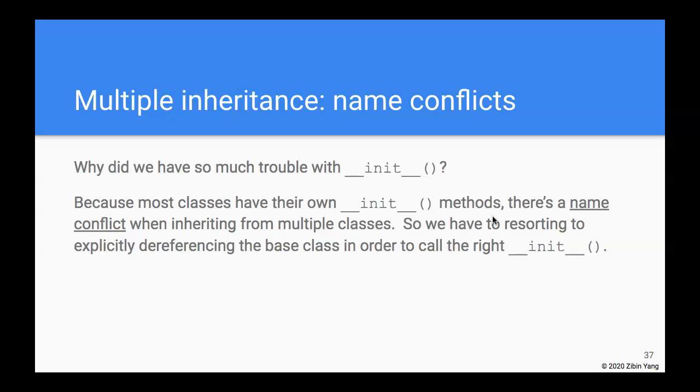And when we just say super dot dunder init, then we may not find the right dunder init method that we want to call. So that's why we have to explicitly tell Python which base class's dunder init method we want to call. So that's for methods with name conflicts.